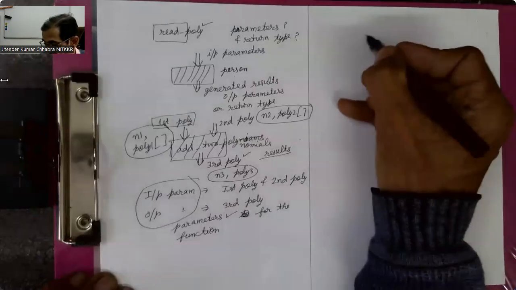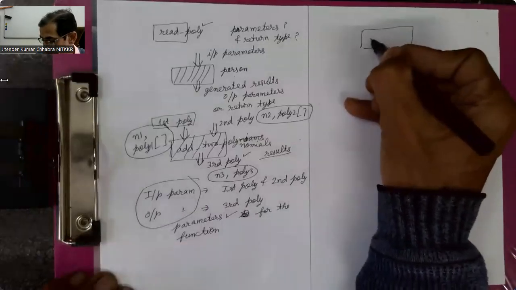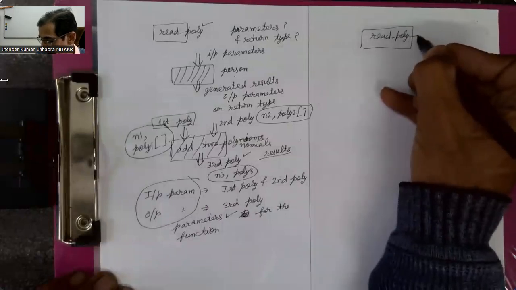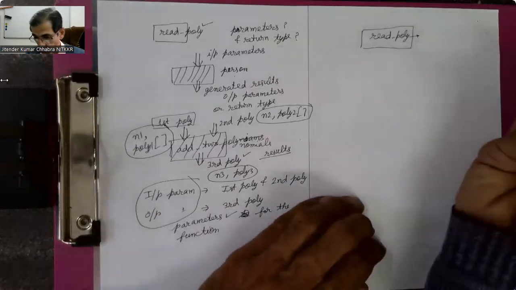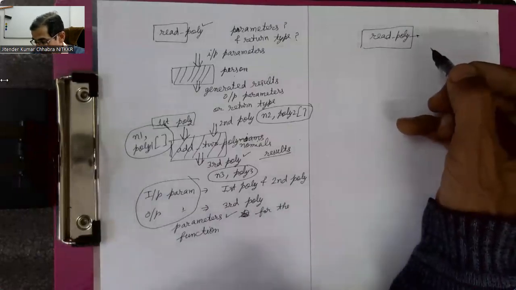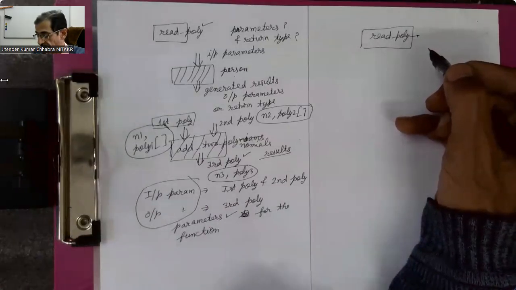Now, talking of read poly. Read poly is obviously a different kind of function, where values will be read from the user, because that is sometimes also to be done. But if I'm doing partial addition, it might not be read every time. Say I am adding 5 polynomials: first 2 are added, then the addition is to be done with the third.